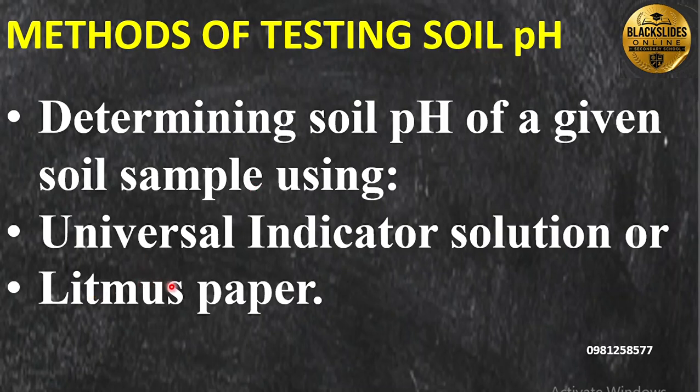Litmus paper can only tell you if a soil is acidic or alkaline. It will end there, but it will not give you the exact pH value. So the universal indicator can go as far as telling you that the soil sample is acidic or alkaline. Apart from that, it will also tell you the pH value. Another method is to use what is called the pH meter, which we have not discussed in this lesson.